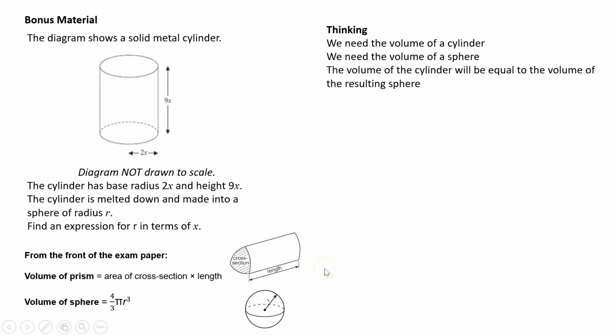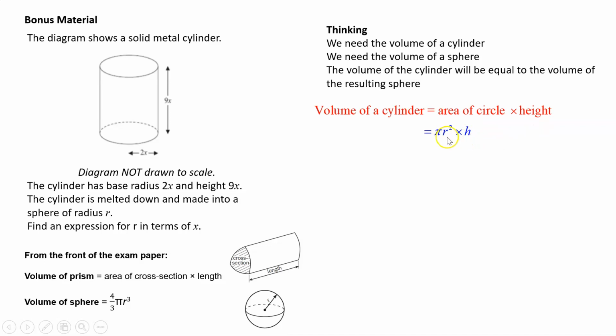So we know from the front of the exam paper that the volume of a prism is the area of the cross-section times the length. Well, our cylinder is a prism with a circular cross-section. So we need the area of the circle multiplied by the height to give us the volume of the cylinder. The area of the circle, you know, is pi r squared times the height.